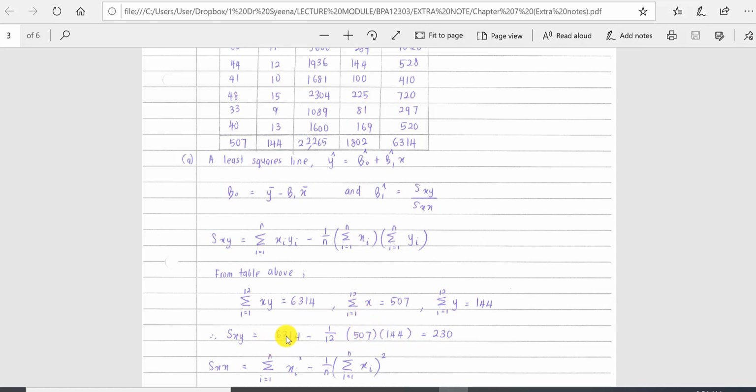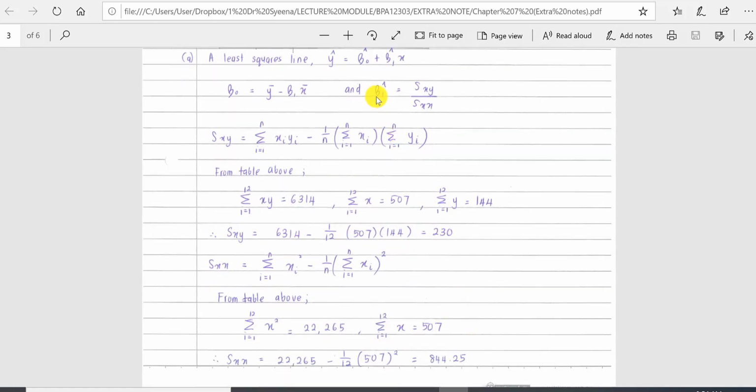Then 6314 minus that answer, you get 230. So we already have Sxy, which is equal to 230.